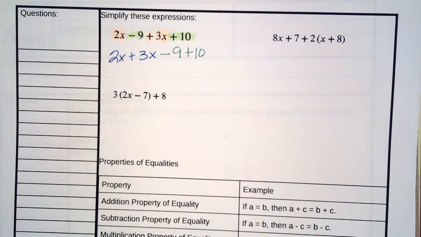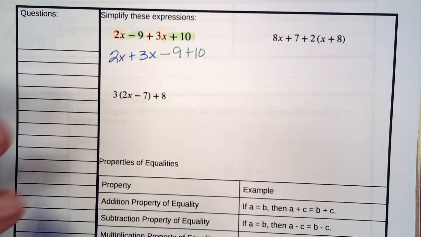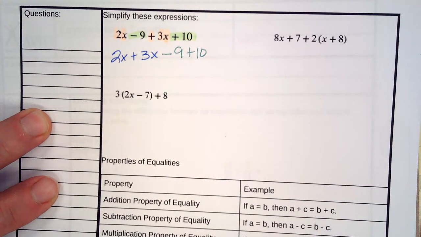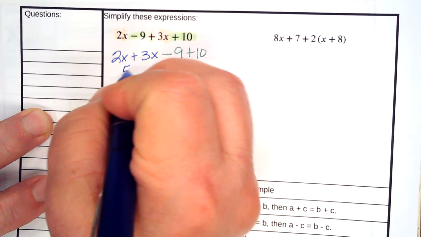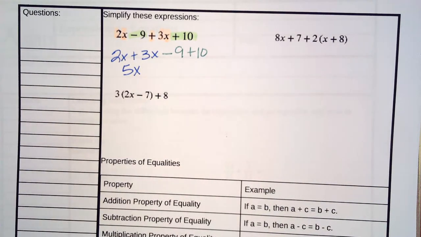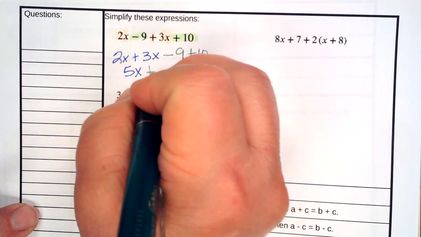Now putting it all together, remember, if they have the same base and exponent, they are like terms. 2x plus 3x is 5x. Negative 9 plus 10 is positive 1, so it's 5x plus 1.